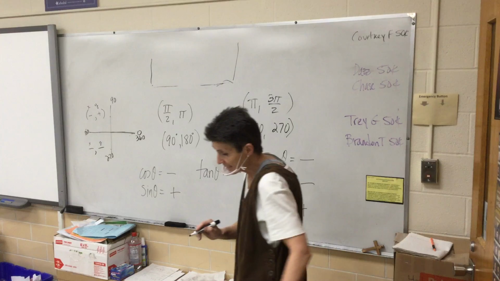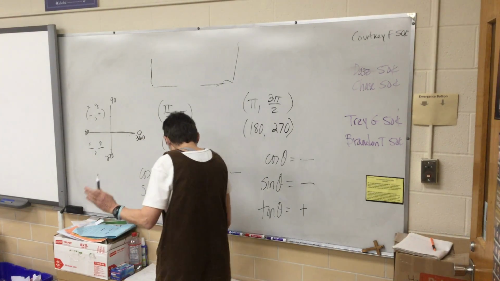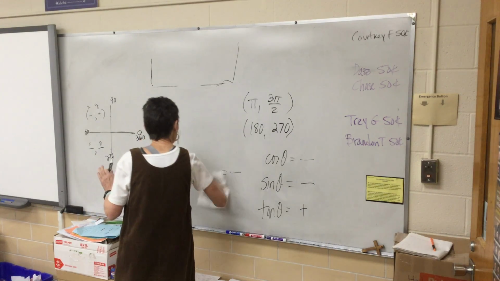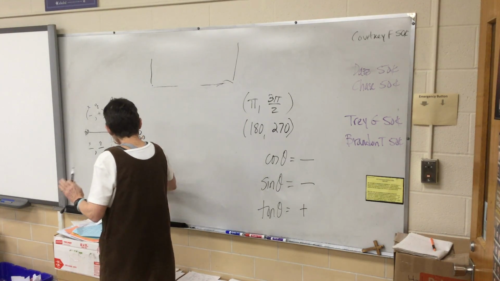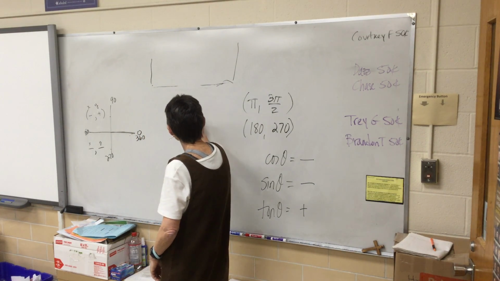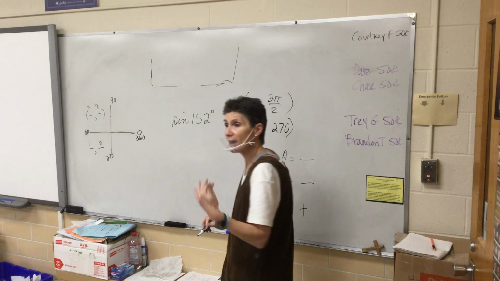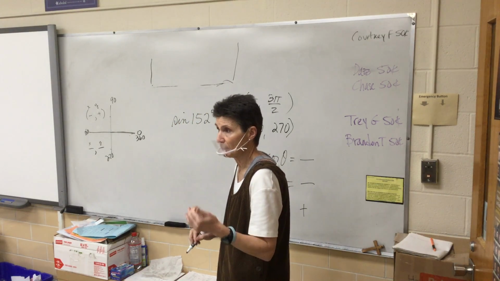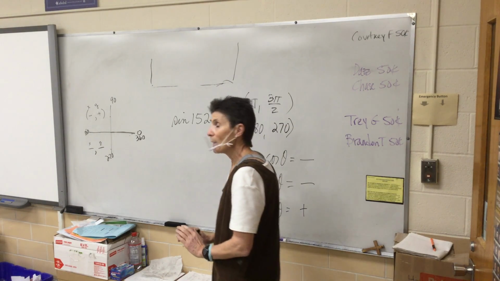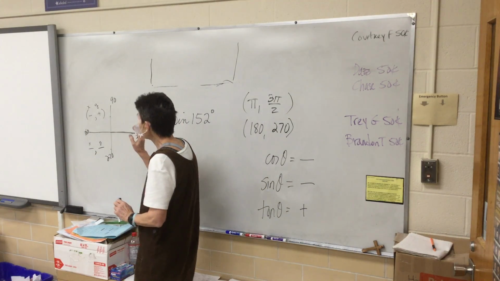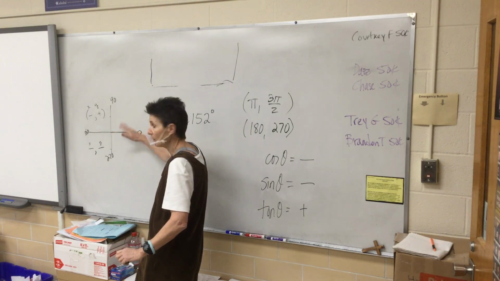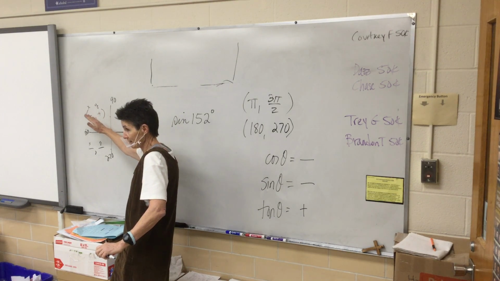So now we're going to get specific. We're not going to use our calculator, and you're not going to tell me a number. You're just going to say positive or negative. So sine of 152. I want to know if that's a positive or a negative number. That's all. No calculator, just look at it. Where would 152 fall? Now remember, this is 0, and we go this way.